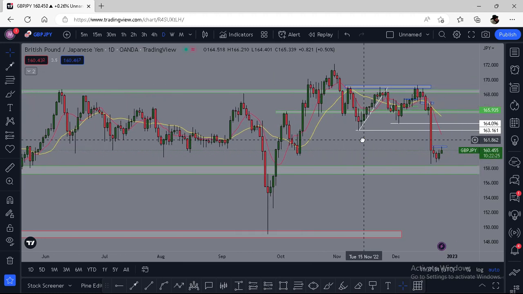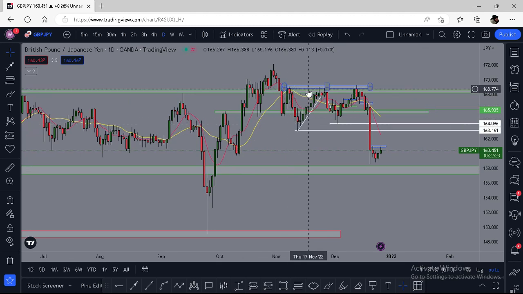So what else do you see here? We have a triple top formation. A triple top formation indicates a reversal of a trend.